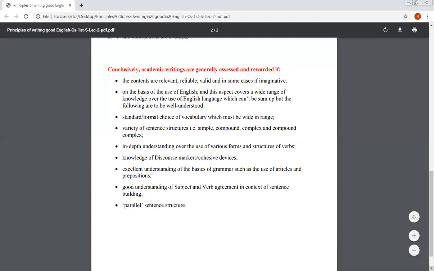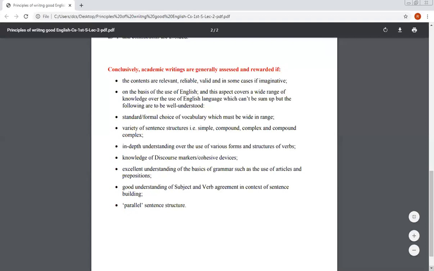There comes a variety of sentences and sentence structure. This is what I discussed earlier as well. I just need to mention it here. The other point is in-depth understanding over the use of various forms and structures of verbs. Just to give you an example, there are auxiliary verbs, which again contain a number of words.